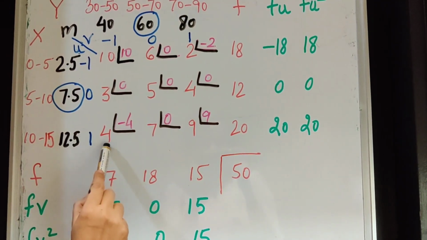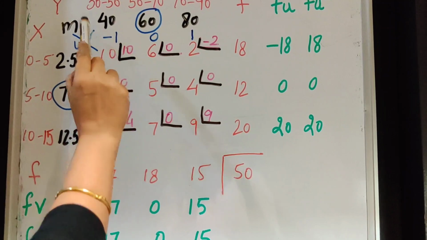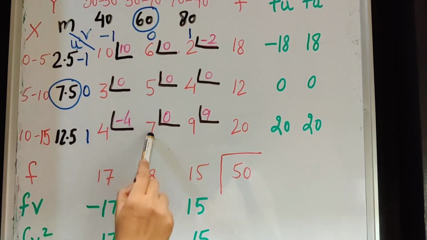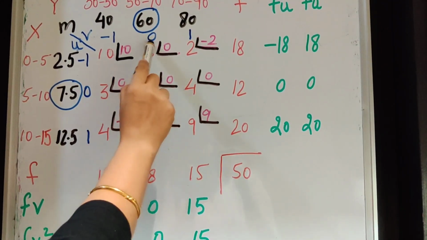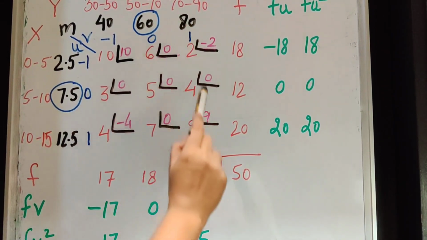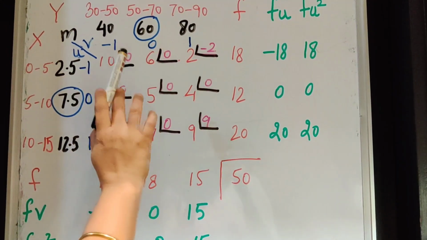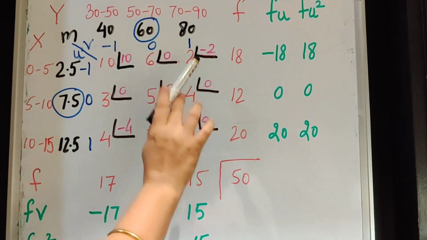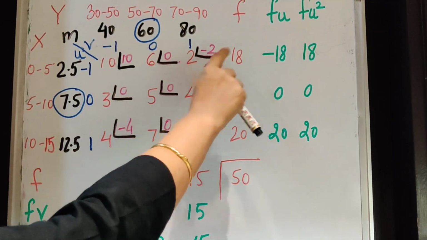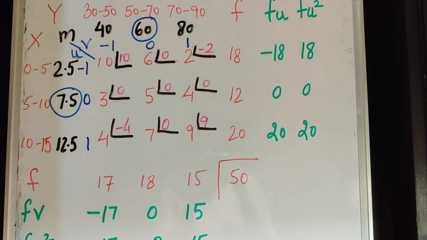This 4 frequency multiplied by 1, that is U, and minus 1, that is V, gives me minus 4. 7 multiplied by 1 and 0 gives me 0, and 9 multiplied by 1 and 1 gives me 9. So I have calculated FUV for each cell. The next step is to add these FUVs and find the final value for the FUV column.